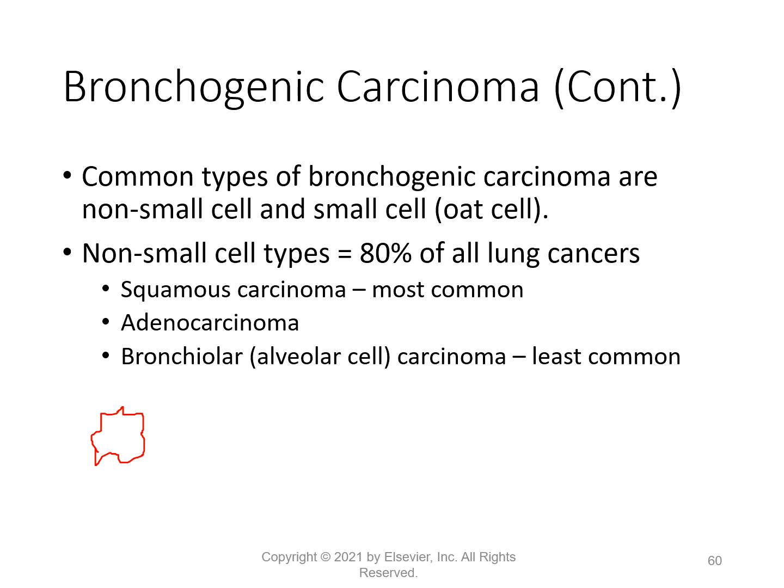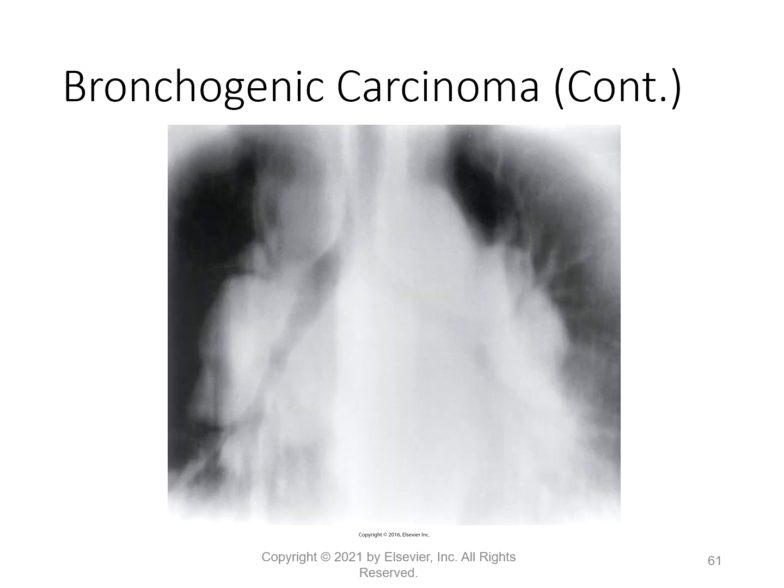It is considered an adenocarcinoma, meaning that it does have the epithelial and glandular components, and adenocarcinoma is also a type, in addition to our squamous carcinoma. And then we have the bronchiolar or the alveolar cell carcinoma, which is the least common, and that's going to affect or begin in the alveolar region of the pulmonary system.